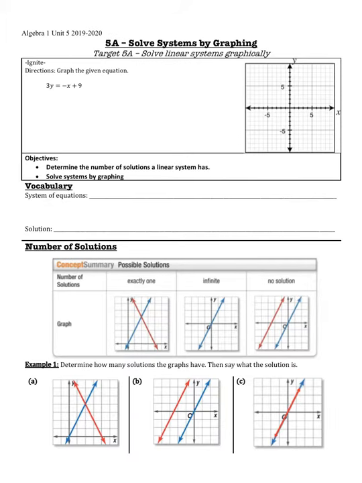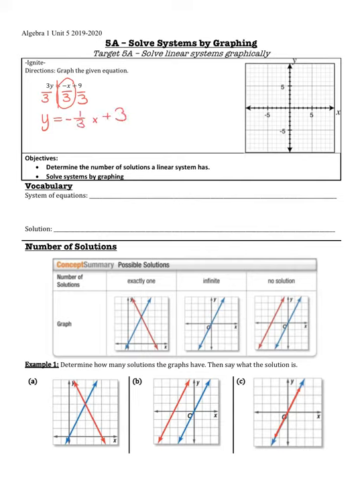So I want to start by reviewing how we graph. Looking at our Ignite, which I want you to look at as a review. To graph, we want to make sure that y is by itself, and so we divide everything by 3. In doing so, y is now by itself, and I get y is equal to negative 1/3 x, and then plus 3.